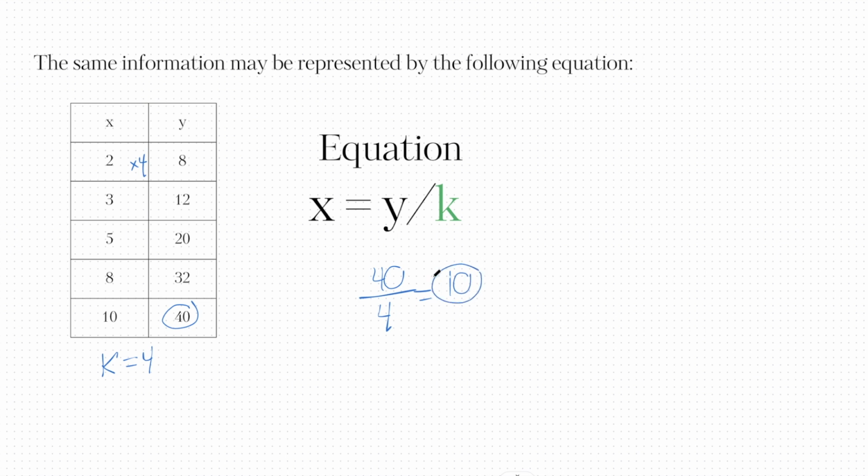And notice that 10 is the x value, and it's also over here. Let's do one more. Let's go with the y value 20. If I divide 20 by the k value 4, that means the x value should be 5. If I go over here, look at that. The x value is 5.